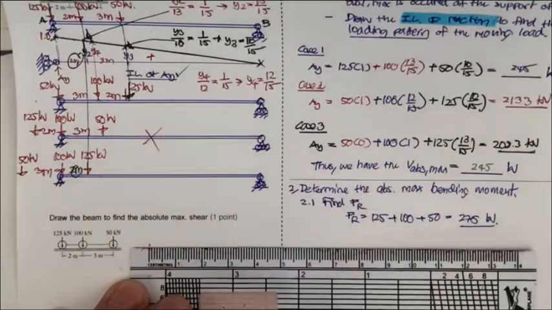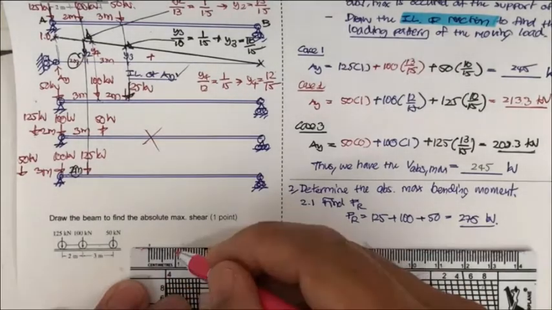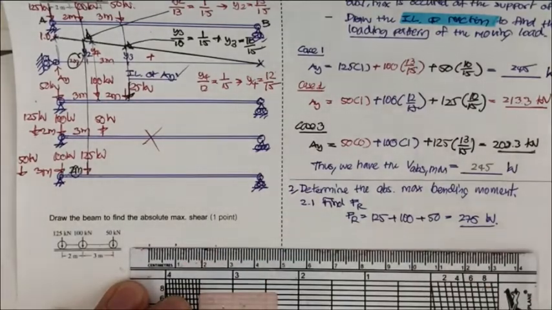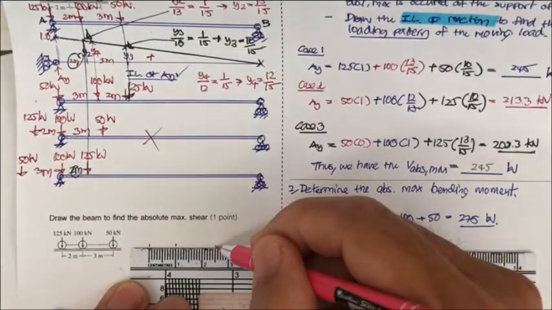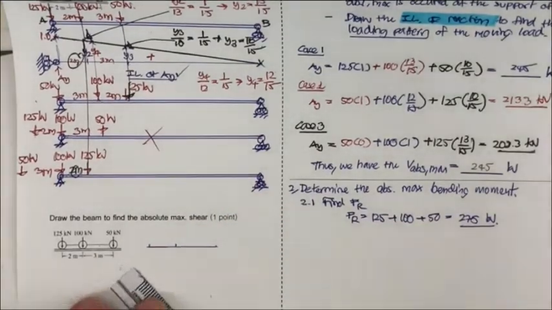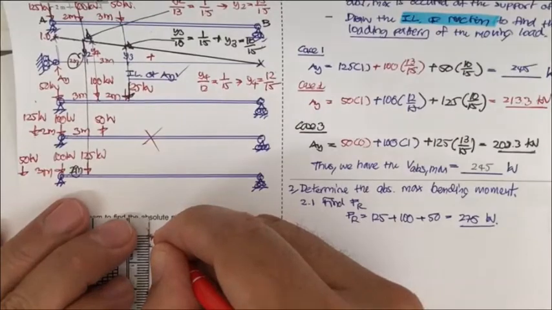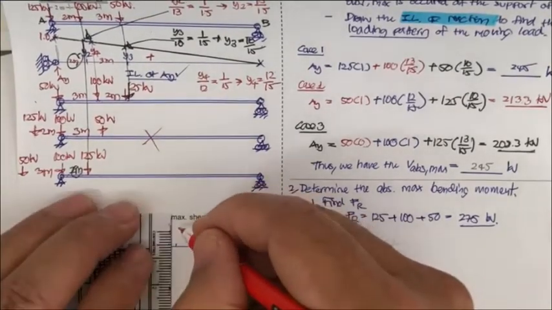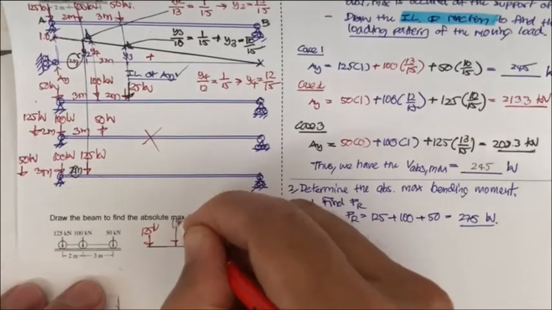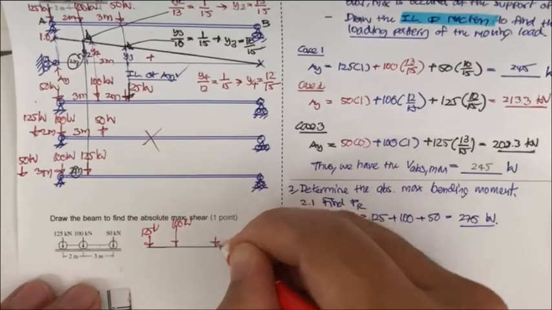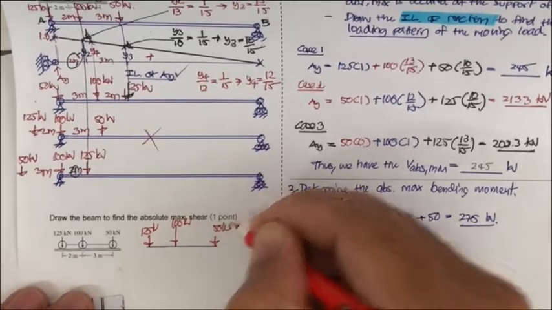This is 1 centimeter for 2 meter. So this is 3, and this is 1, 2, and 3. So we will have this for 125 kilonewton, and this one for 100 kilonewton, and this small one is going to be 50 kilonewton.